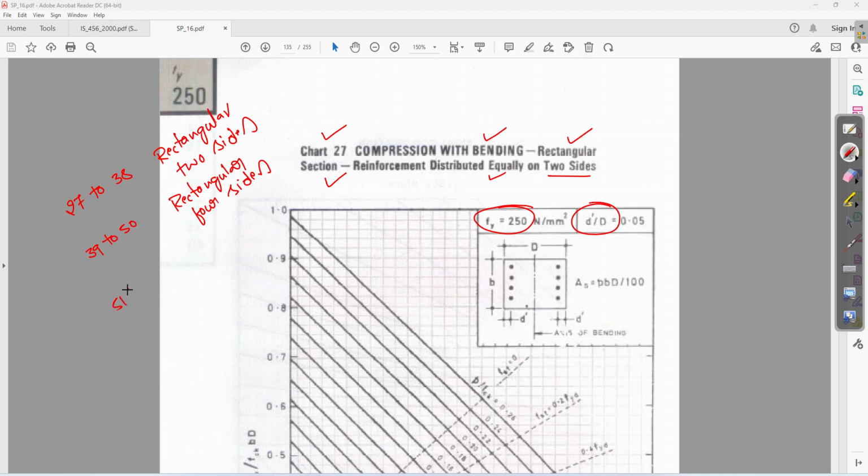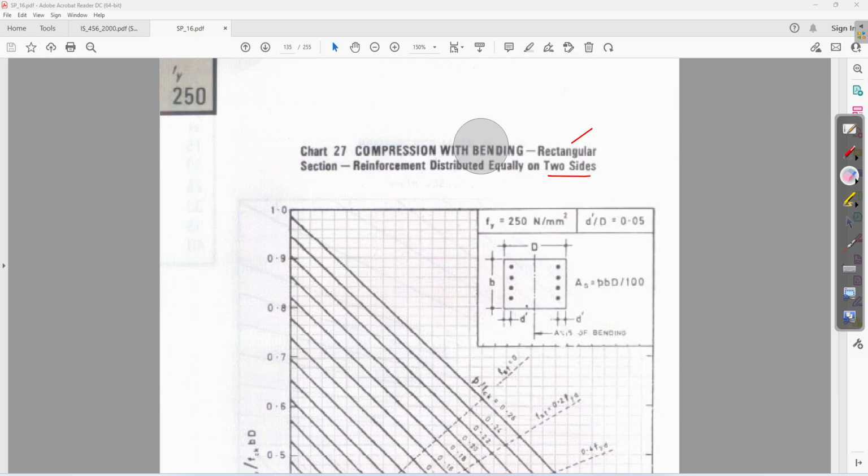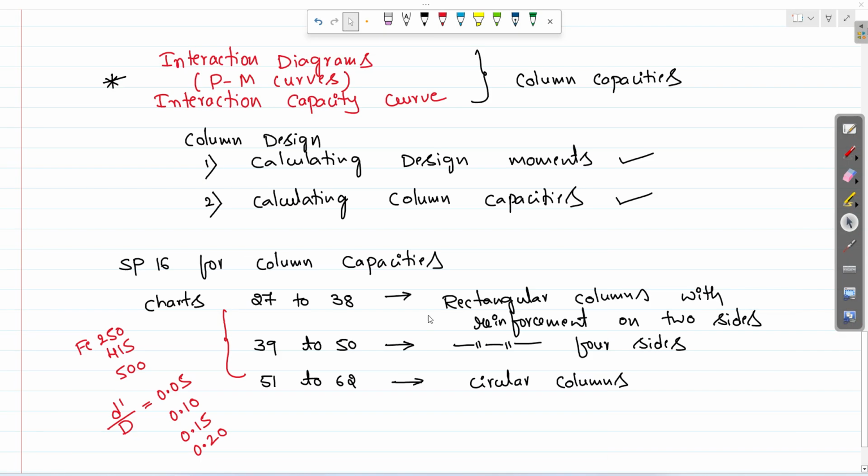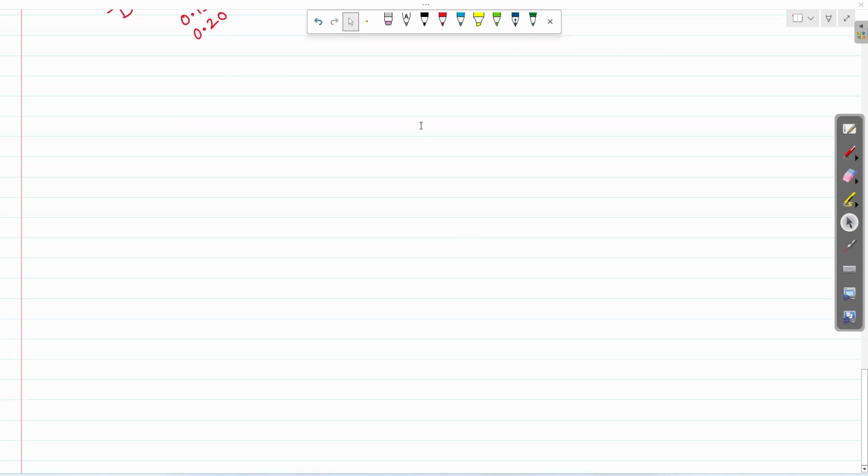Charts 51 to 62 are for circular columns. These charts are nothing but interaction diagrams. These are the basics you should remember before going to manual design of columns.